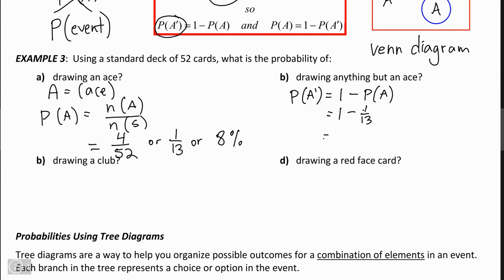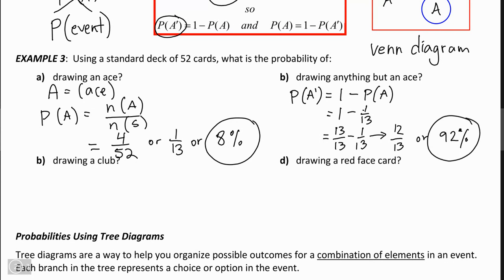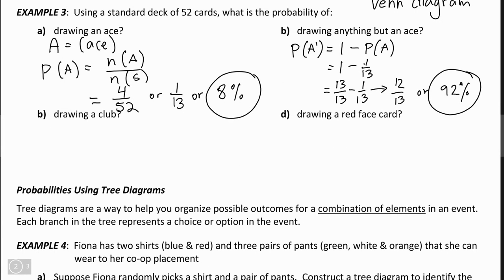If you don't like fractions you can use a calculator, but this is just 13 over 13 minus 1 over 13, and that's going to give me 12 over 13, or 92%. The quick way of doing this is to take the 8%, subtract it from 100, and you get 92%. So it's a bigger probability to draw anything else but an ace.